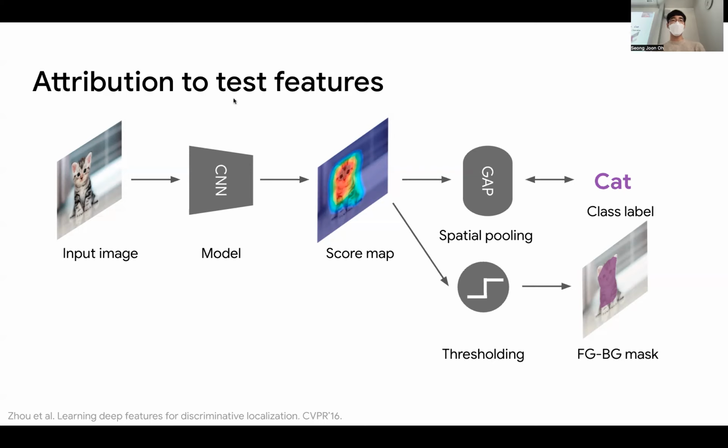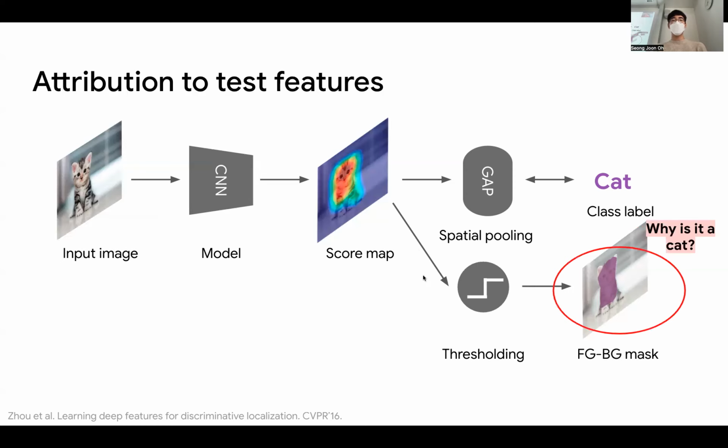And I'm going to explain what I mean by attribution to features. So let's say you have a trained model first, and then you're giving an input image. And of course, if you pass it through the network, eventually you're going to get some kind of class, which is answering the question of what is the content of the image.